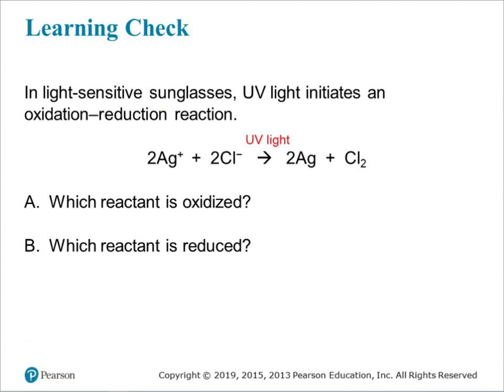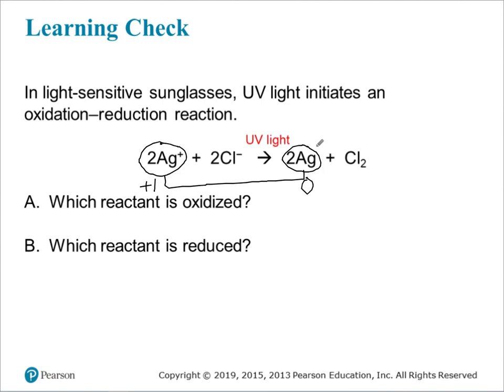Let's do a quick learning check. I'll walk you through it so we can figure out which reactant is oxidized and which one is reduced. I like to connect the two things that look alike. So I have silver here and silver here. I'm going from something that has a +1 charge to something that has a 0 charge.